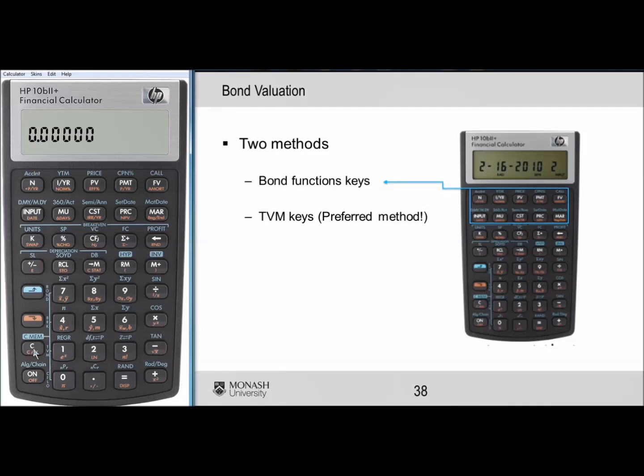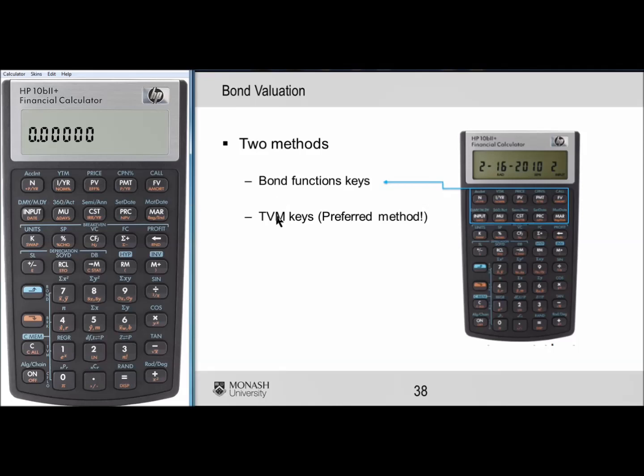Bond valuation. So in this section, I'm going to demonstrate how to solve coupon paying bond problems using our calculator. In our calculator, we have the bond function keys, which are located at the top 2 rows, the secondary blue functions.